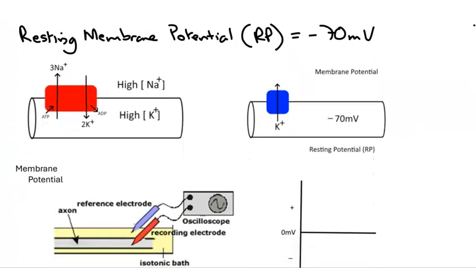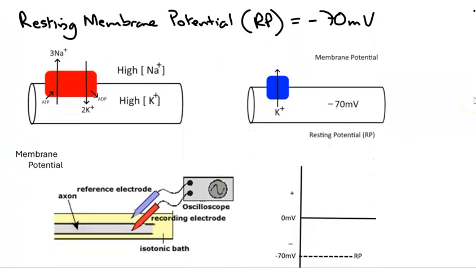So the resting membrane potential is a charge which is found across the cell membrane, and you can see it here in this image of the axon. It measures at minus 70 millivolts, recorded on an oscilloscope in millivolts with a reference electrode in the outside extracellular fluid, and the recording electrode within the axon plasm, the cytoplasm of the axon, as you can see in this simple image here.